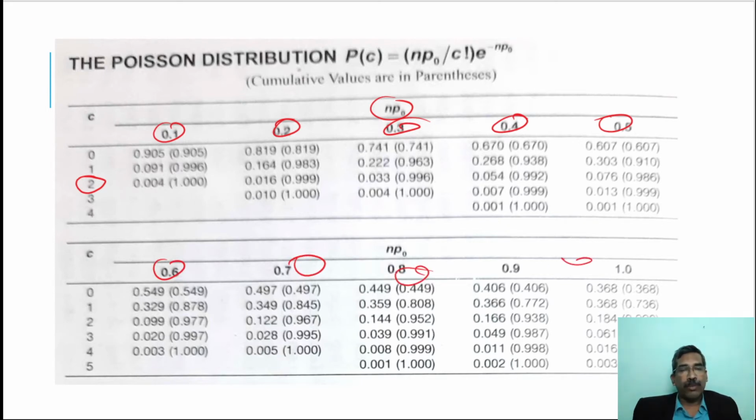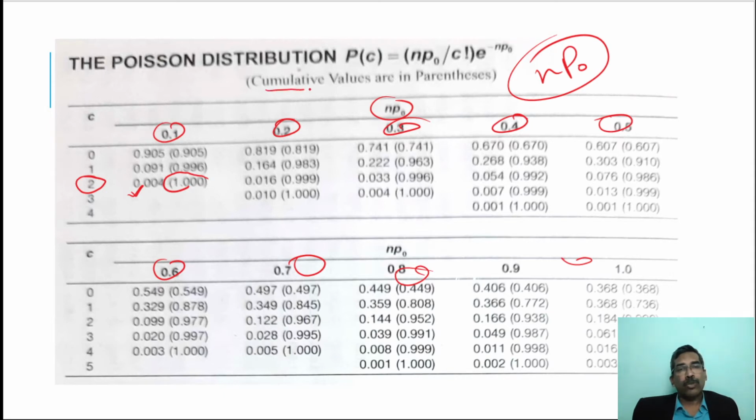This NP0 value is given in the index of the book Industrial Engineering and Management, written by me, and this goes up to NP0 equal to 15. So you can use larger values also. If C is equal to or less than this, then you should take this value, not the outside value. This is the exact value, or you can say the absolute value.